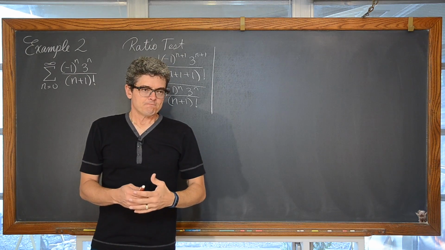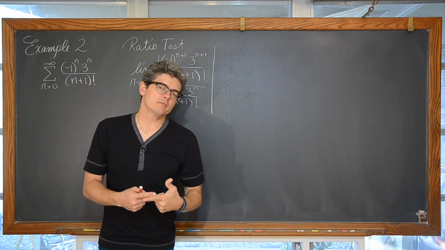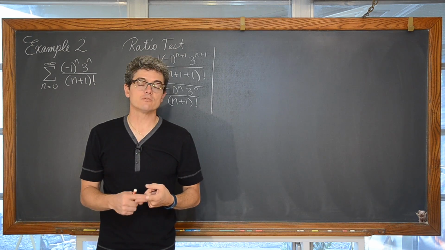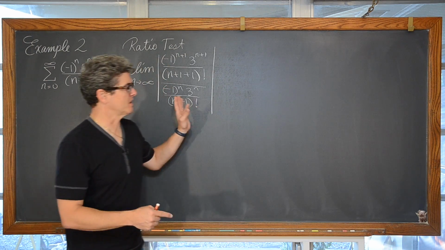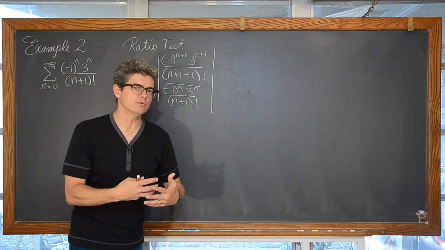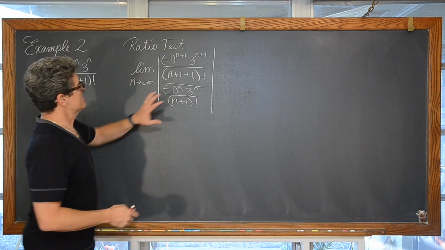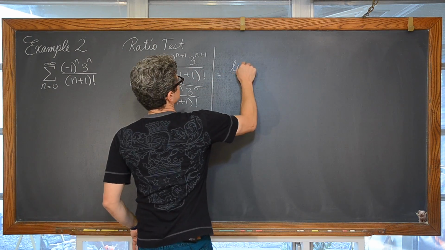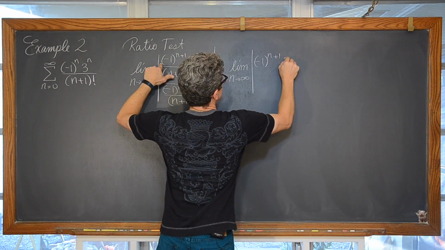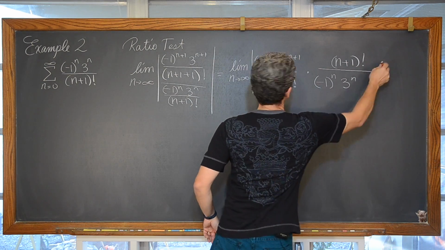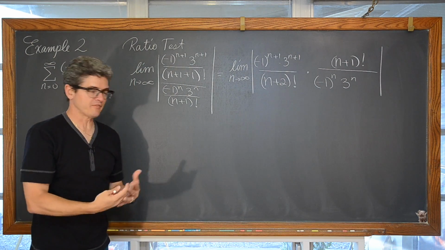But remember I said in a couple of sections we're going to be using the ratio test to determine intervals of convergence, and that absolute value symbol at the end is going to help remind you of exactly how to set up that interval. So just leave them in there. So we're going to bring up the denominator. And now we have to simplify this.